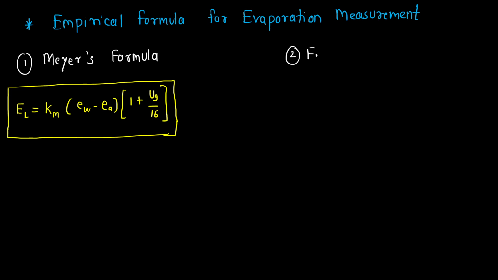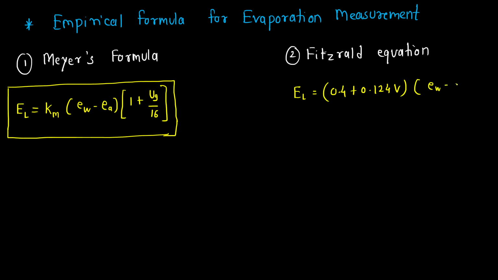So the second one is Fitzgerald's equation. In this case, the rate of evaporation is equal to (0.4 plus 0.124 V) into (EW minus EA).